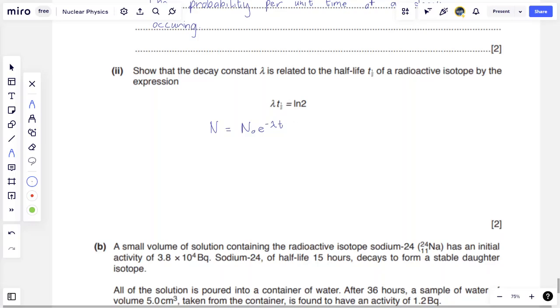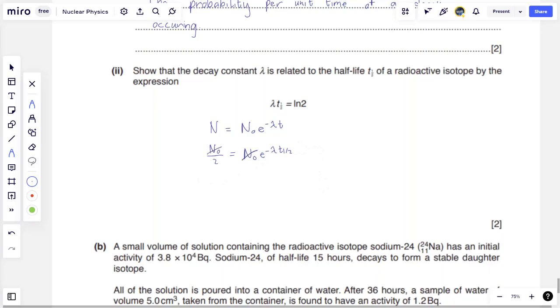Now, when the half-life has passed, the number drops to half the original number, N0 over 2. So N0 over 2 is equal to N0 e to the minus lambda, what we call the time that has passed, the half-life T half.